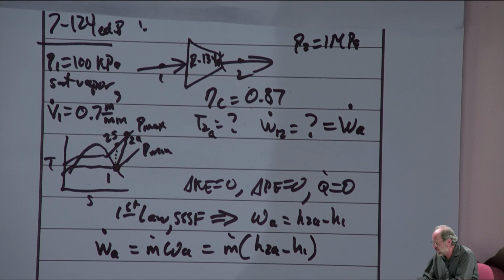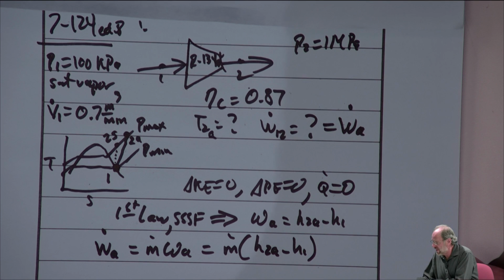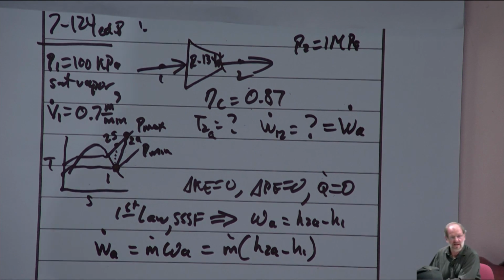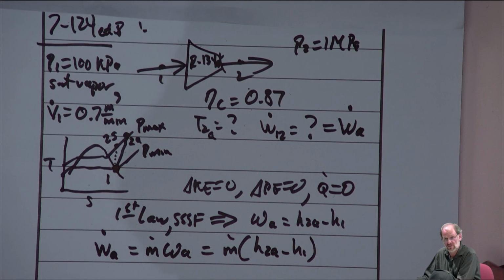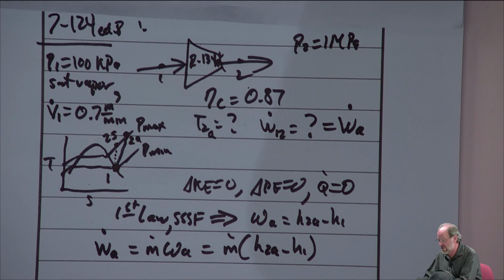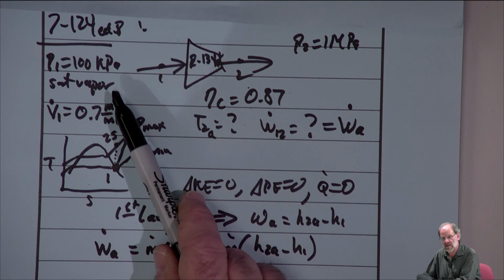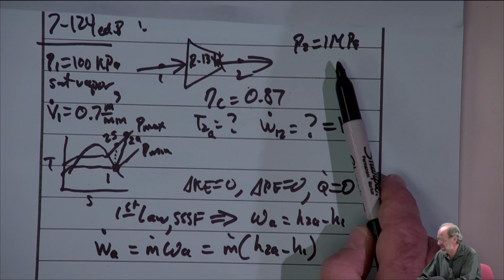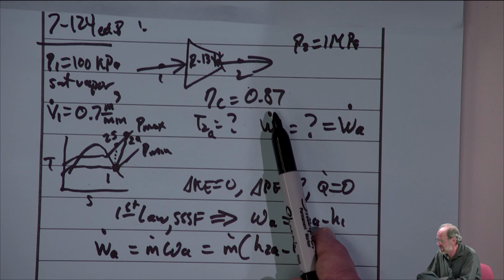Okay, so with this in mind, what would be the proper approach? It's exactly the example problem that I was referring to, the typical problem I was referring to before, right? We know the inlet state, right? We know the pressure and that it's a saturated vapor. We know one property at the outlet, we know P2. We know the isentropic efficiency.